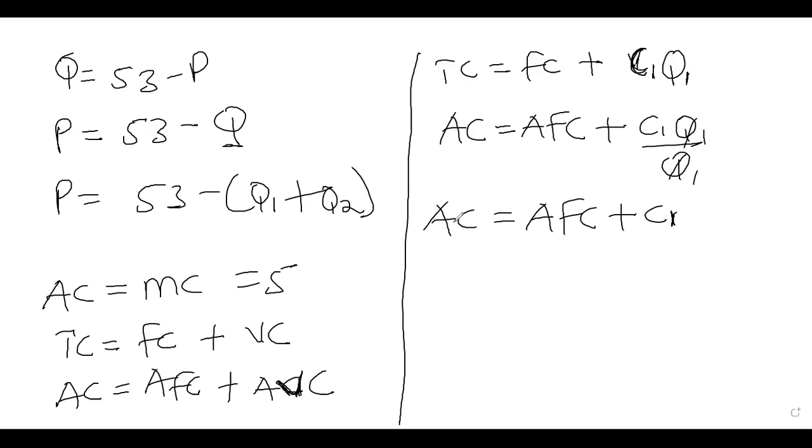Now the question says that the average cost of the firm is equal to the marginal cost. Remember, whenever we have a linear function, this average variable cost is the same as the marginal cost. I said that in the video preceding this video.